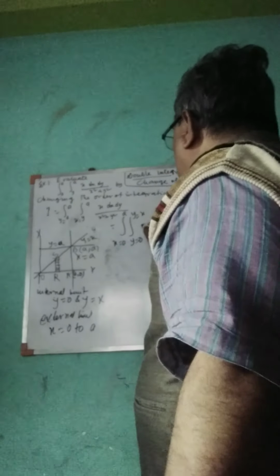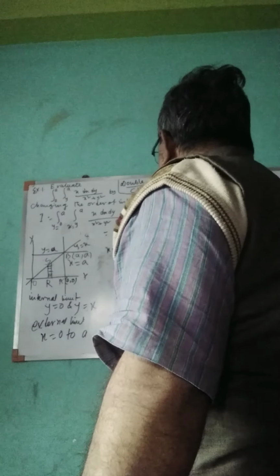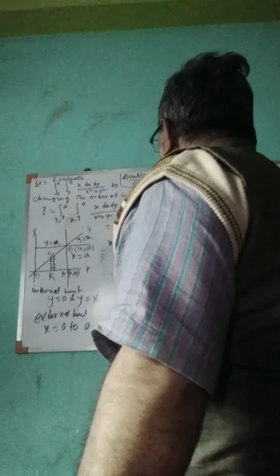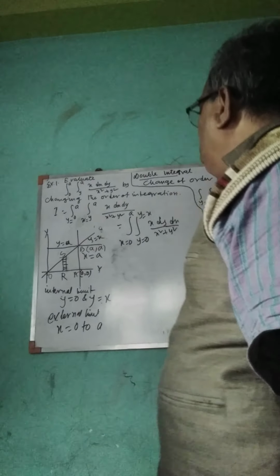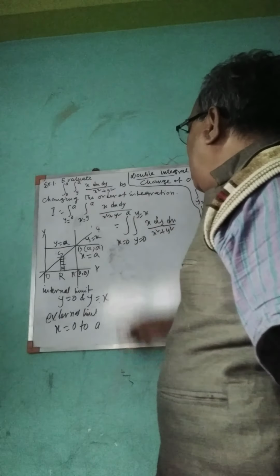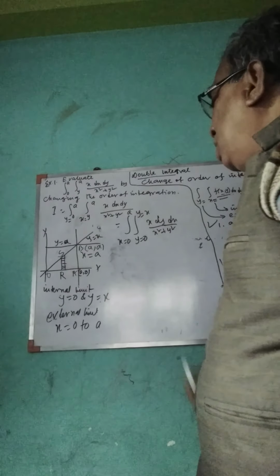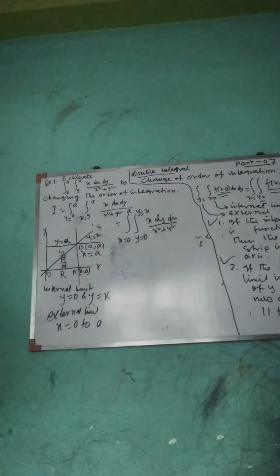Then it is x dy dx over x square plus y square. Because after changing the order of integration, what is f(x,y)? x by x square plus y square. This part will not change.